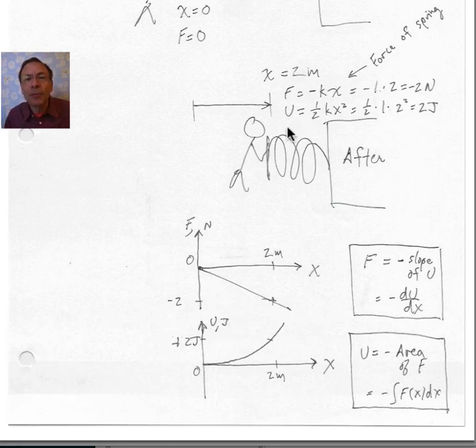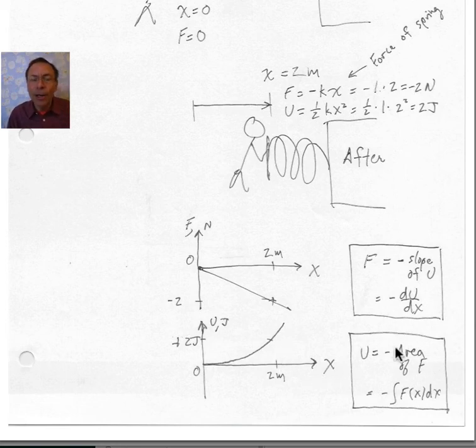So if I make a graph of both of these things, here I'm graphing F equals minus kx. And then here I'm graphing 1/2 kx squared. And this graph here is the negative of the slope of this graph here. So if you're taking calculus, what we would say is that this graph here is the negative of the derivative of the potential energy graph.